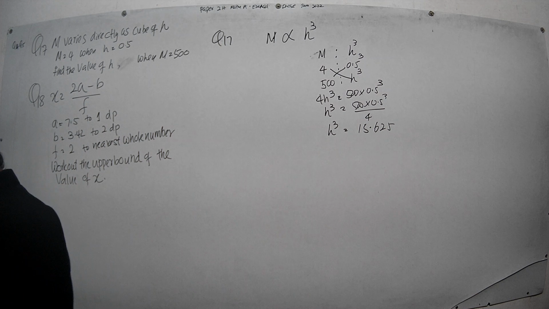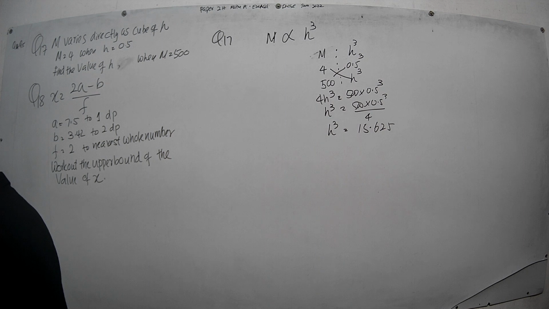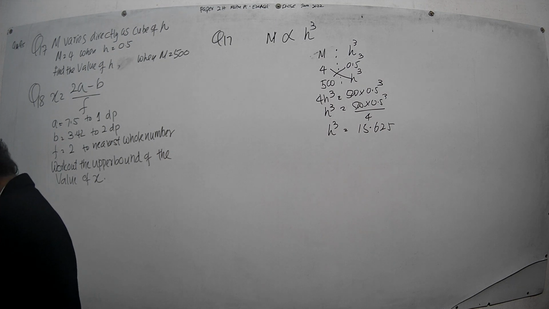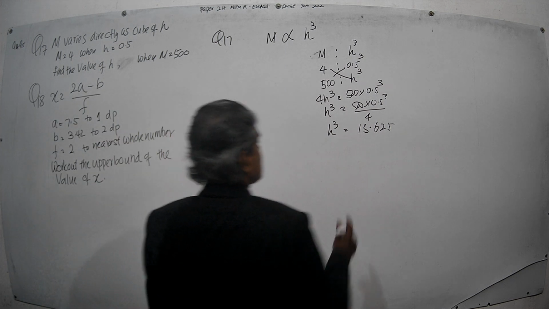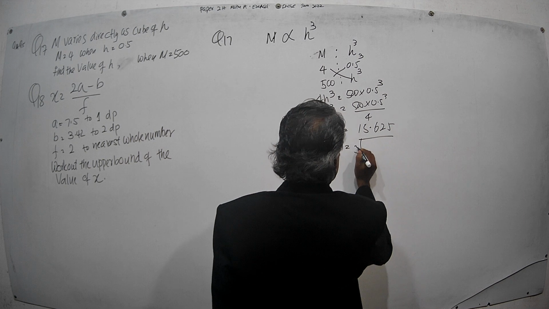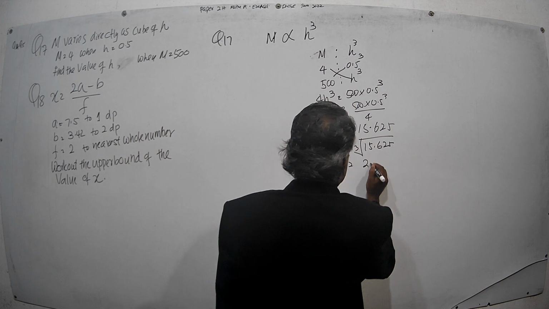Then you will take a cube root of this. H equals cube root of 15.625 equals 2.5.